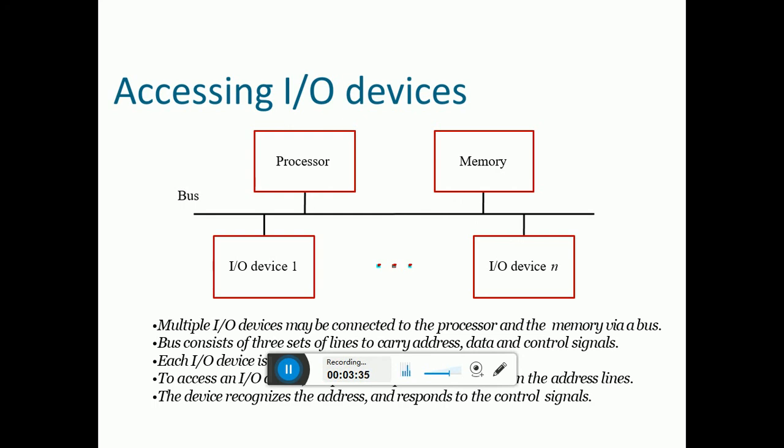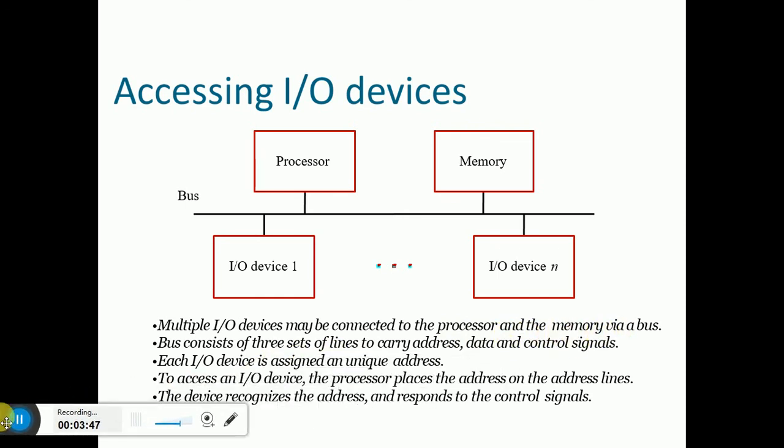There are many ways in which we can do this. Multiple input output devices may be connected to the processor and the memory via a bus. The bus may be an address bus, a data bus, or control signals.